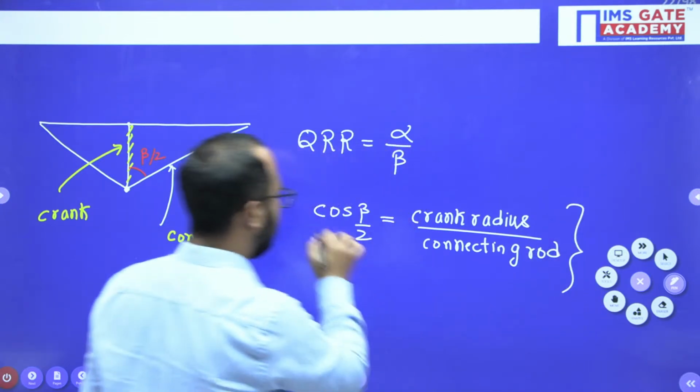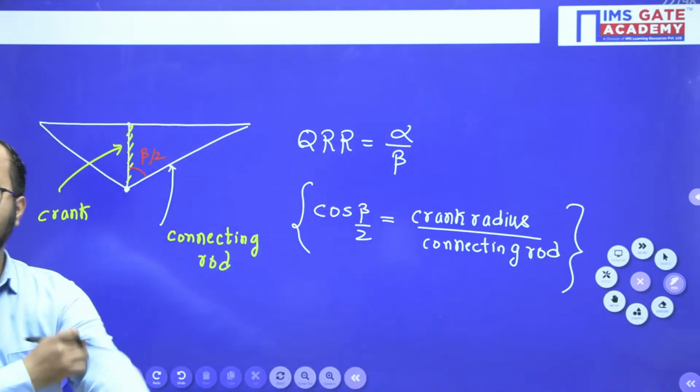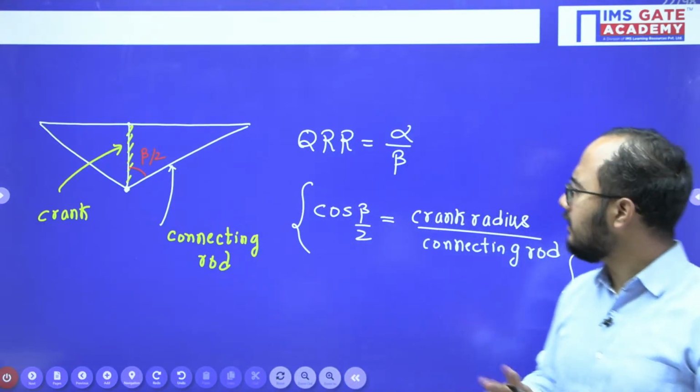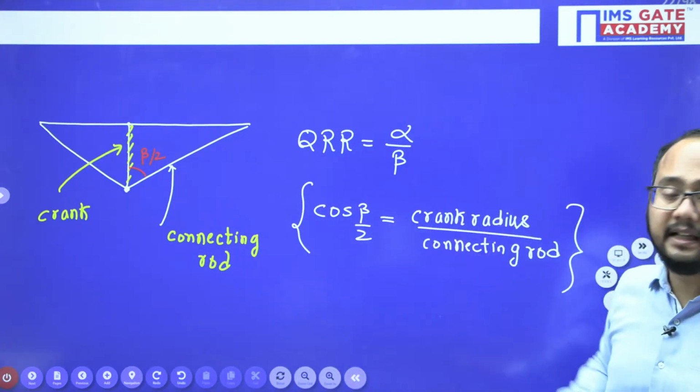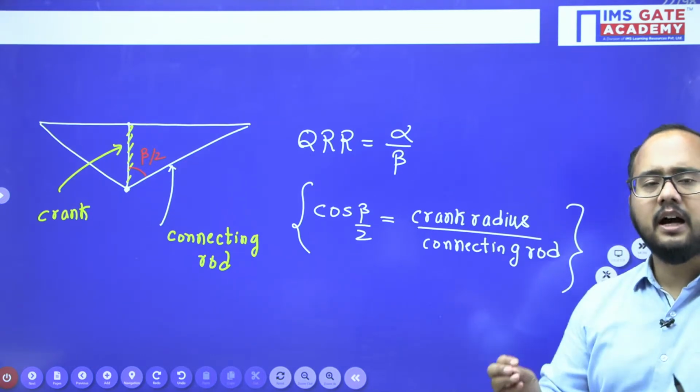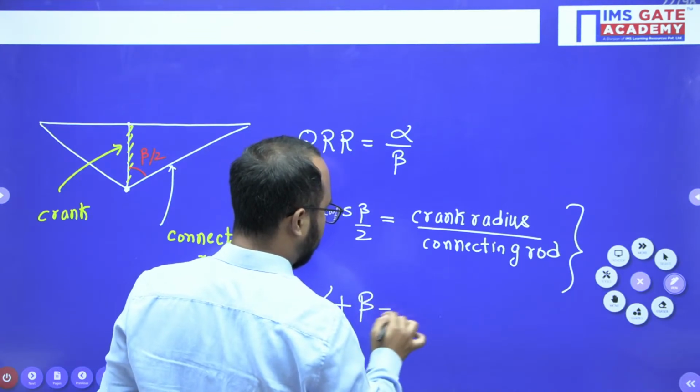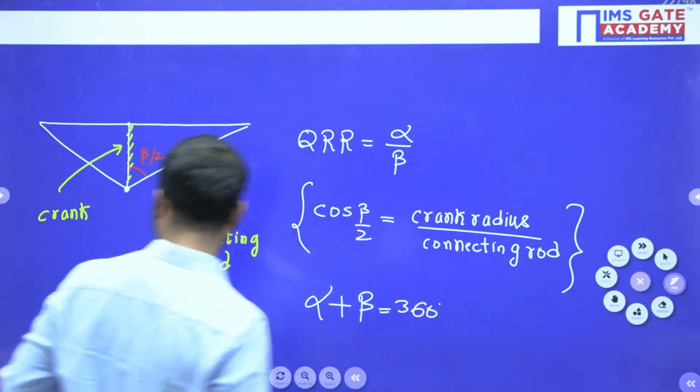So I hope this trigonometric relation, cos beta by 2, you can directly use and you can calculate beta. If beta is calculated, alpha you can easily calculate, right? Just by using alpha plus beta equals 360 degrees. Okay, I hope this is clear.